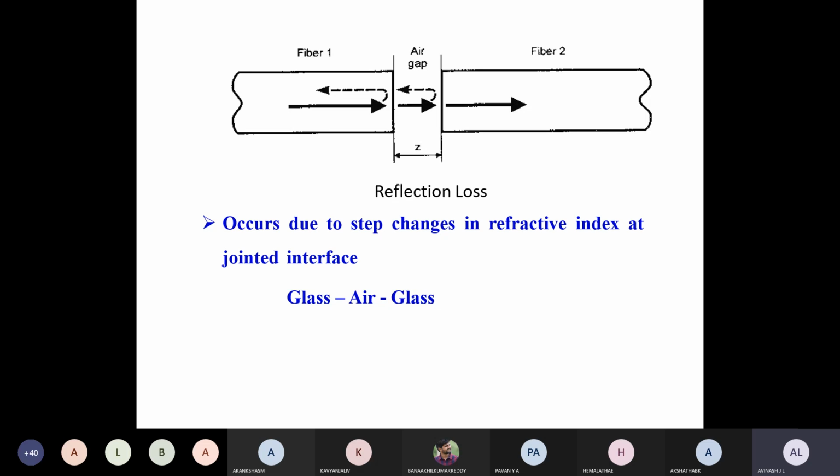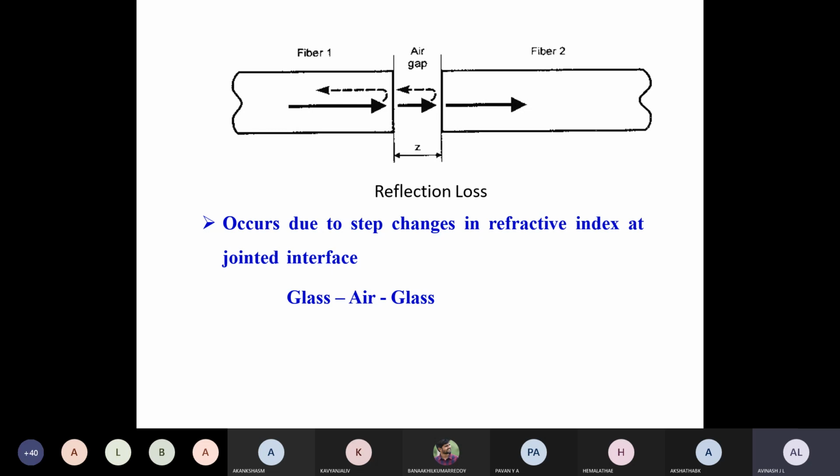It occurs due to the step changes in refractive index at the jointed interface. Fiber 1 is made up of glass, fiber 2 is made up of glass, and in between there is a small air gap. So I can say glass, air, glass. This glass, air, glass interface will cause some amount of reflection.